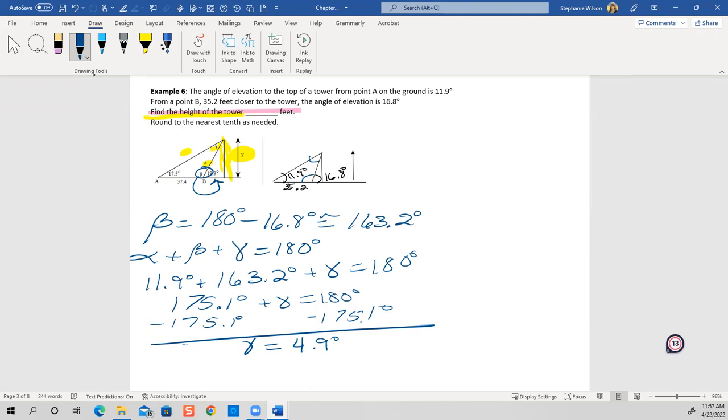Okay, so what we're going to do is take our side A over sine alpha, and it's equal to our B, or excuse me, C. In this case, it's C. It's labeled a little bit different this time.